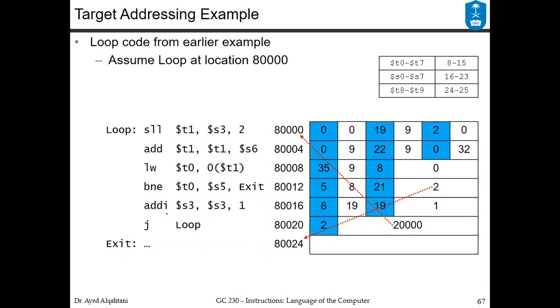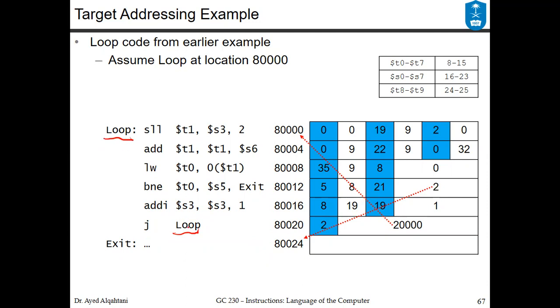Now we continue looking at the next instruction. It's add immediate, and we can convert it to machine code and take this as a practice for yourself. And we already have so many examples before. Now the last one is jump loop. Where you want to go in the loop is right here.